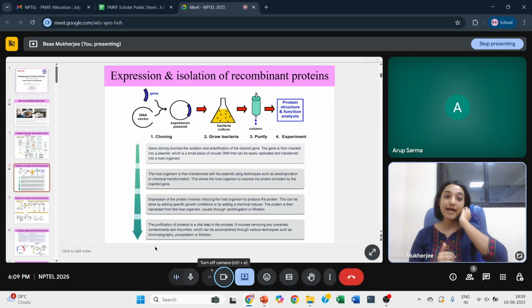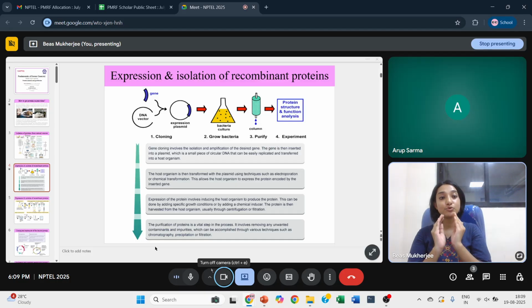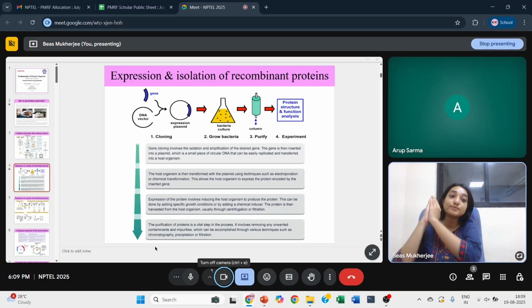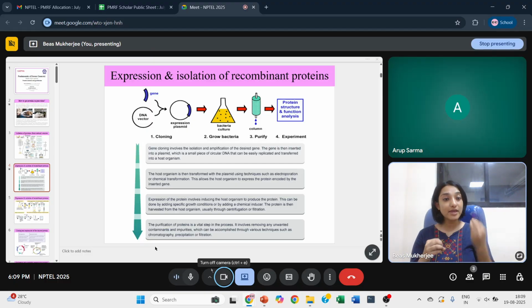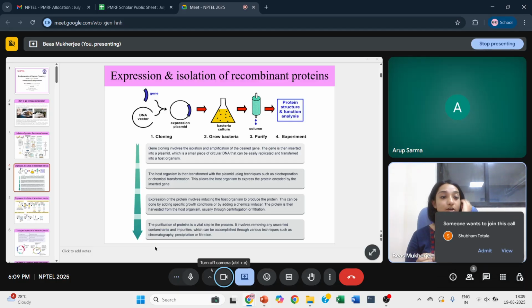Now just remember that for any genetic modification, and for ensuring that this mutation is persistent, staying there in the vector and this bacteria is preserved for a long period of time, cloning vectors are used. But for an expression vector, this vector is engineered in such a way that a large amount of protein can be expressed in the bacteria. So that is your expression vector.